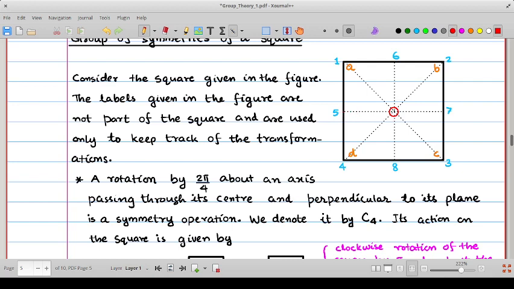We can consider a plane that is perpendicular to the plane of the square and is intersecting it through the line 5, 7. Then we can consider a reflection of the square about that plane.